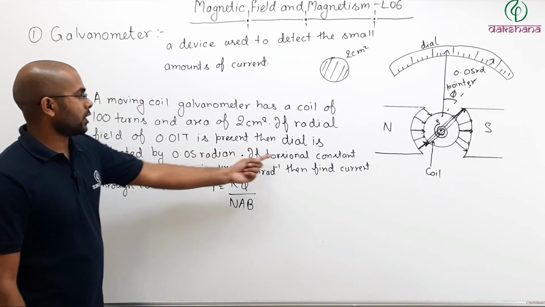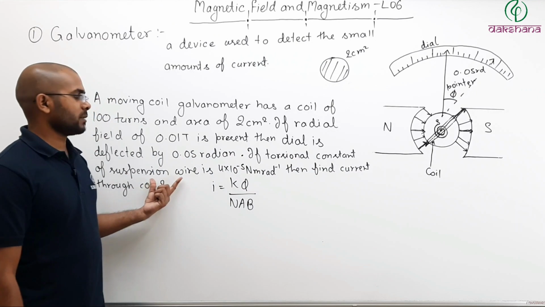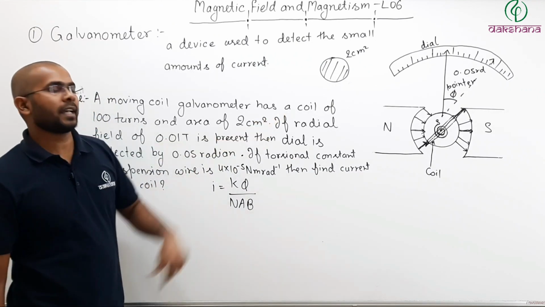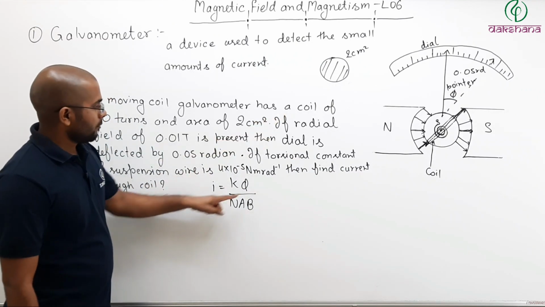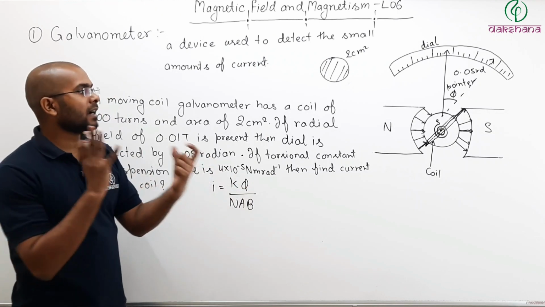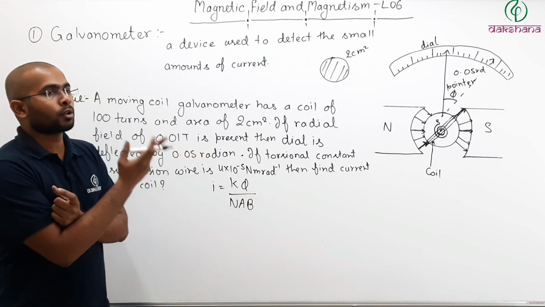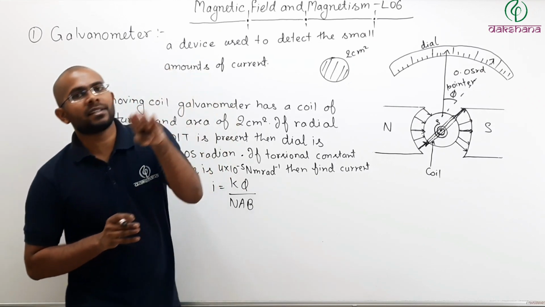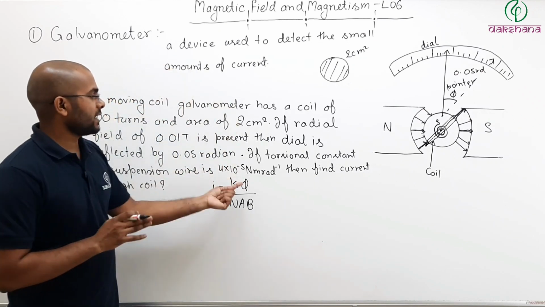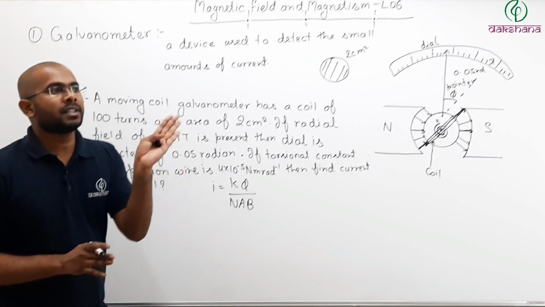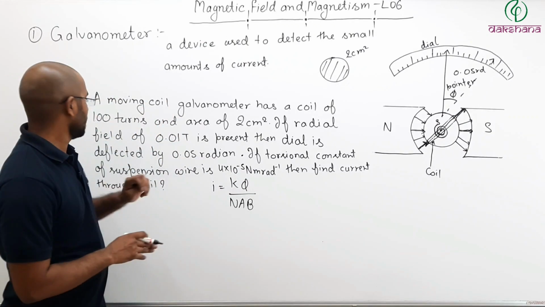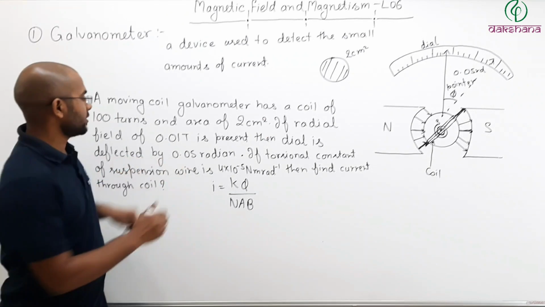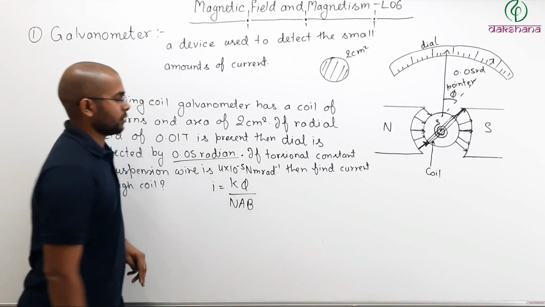K is the torsional constant of your suspension wire, or in the diagram the spring, no problem. What is phi? Phi is the angle rotated by your coil, and depending upon the angle rotated the dial is deflected. So phi in this case will be nothing but the deflection in the dial. It is deflected by 0.05 radian, that is your phi.